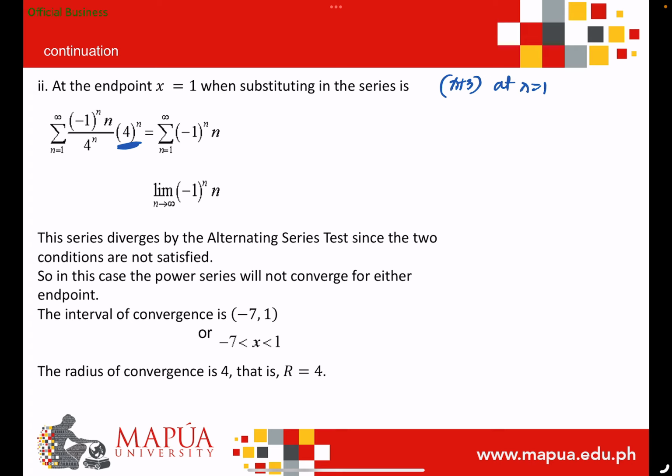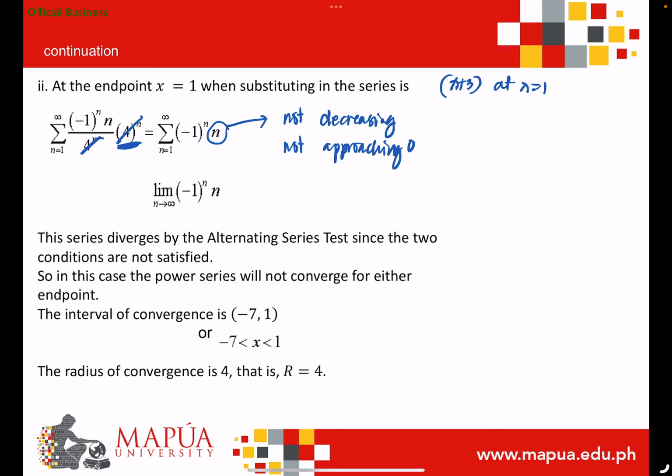We can cancel this out, and we have (-1)^n times n. So it would now be an alternating series. But n is not approaching 0, and this is not decreasing and not approaching 0. So the alternating series is divergent.